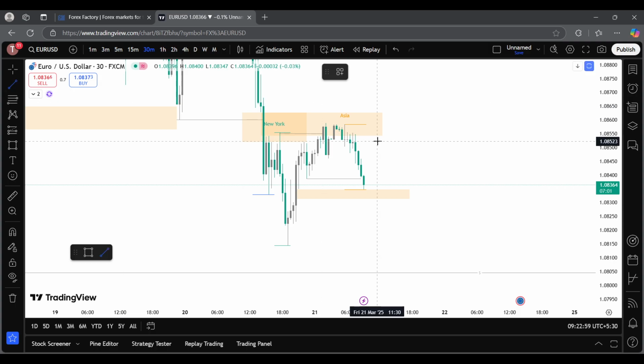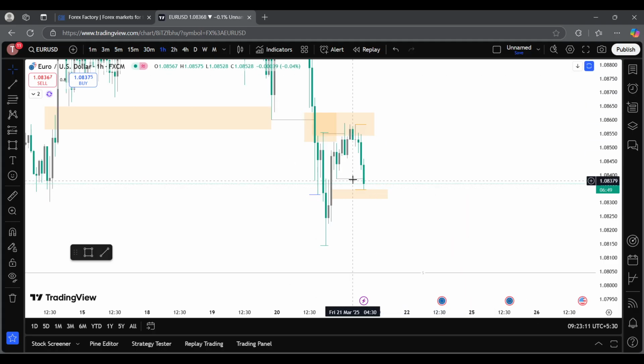So for now, I'm anticipating that the price can possibly treat this as an invalidation zone, and we are going to continue our journey further into the lower direction only if we close below this low in the 1 hour.